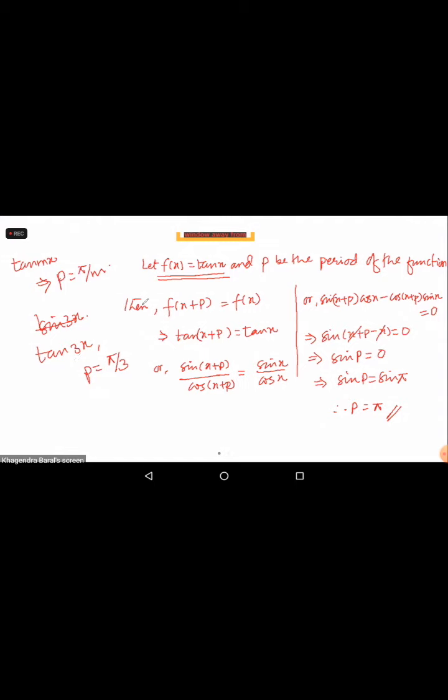We can find the period of cot x by the similar simplification, and from that also you will get the period of the function f of x is equal to cot x is the same, that is pi. This way sin x cos x को period 2π हुन्छ भने tan x and cot x को period भनेको that is pi. Okay, by this way we find the periods of the function.